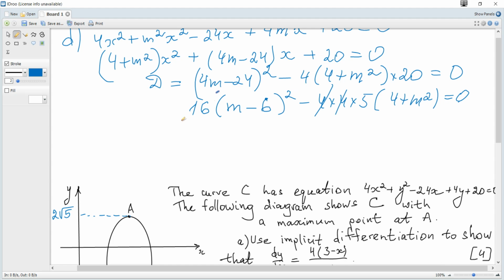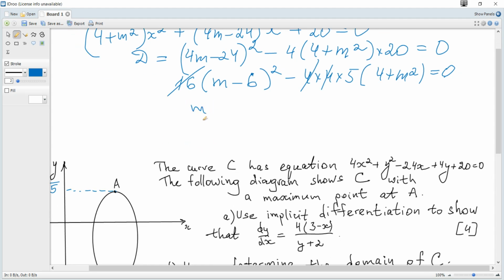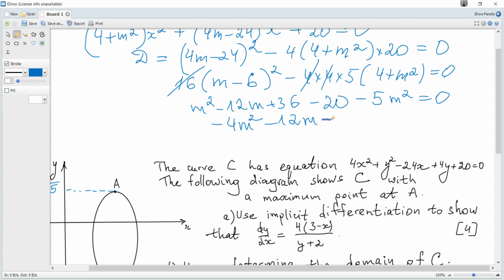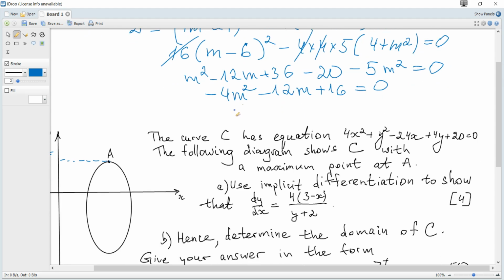We can divide by 16 and expand to get m squared minus 12m plus 36 minus 20 minus 5m squared is 0, and it becomes minus 4m squared minus 12m plus 16 is 0, and let's divide by negative 4.